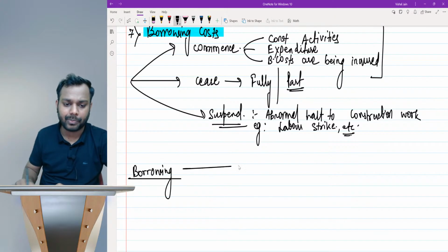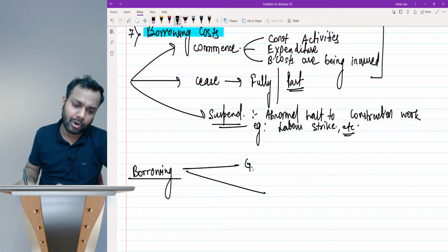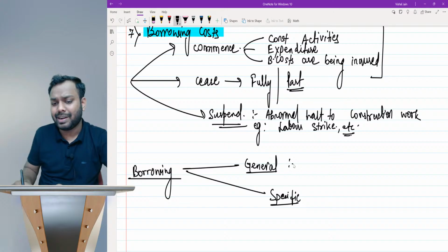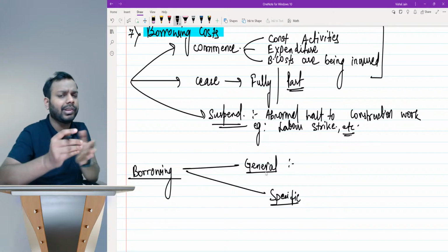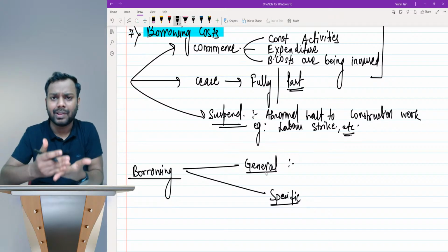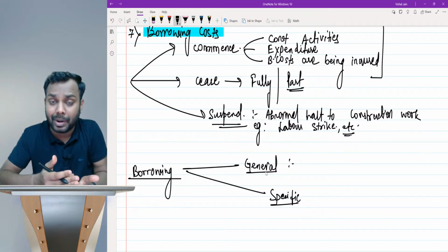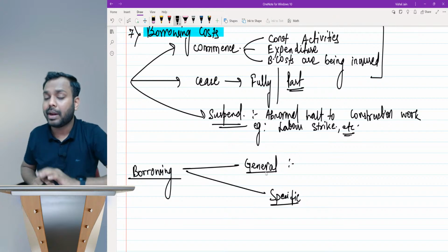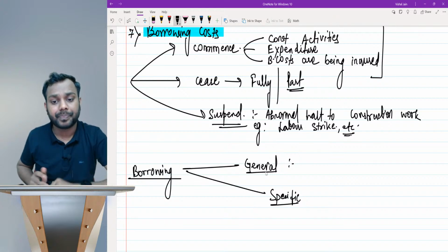Borrowing can be of two types: one is general borrowings and one is specific borrowings. What is general borrowing and what is specific borrowing? General borrowing is a borrowing we have taken for general corporate purposes. I might use it for giving salary, for general day-to-day expenses, or for construction of a building also. A specific borrowing is taken for a specific purpose, right? The purpose might be construction of a building.